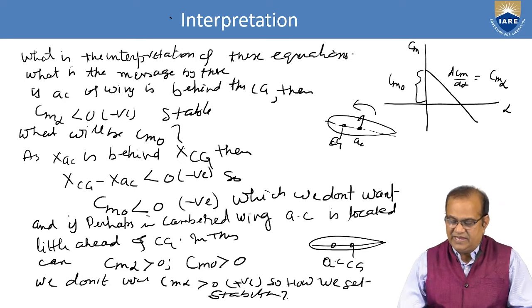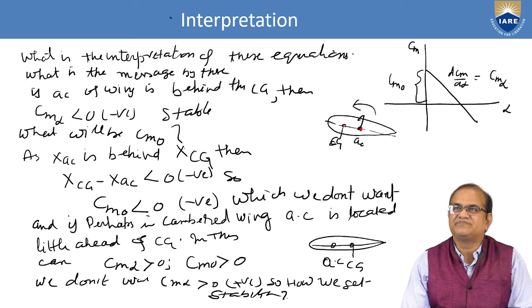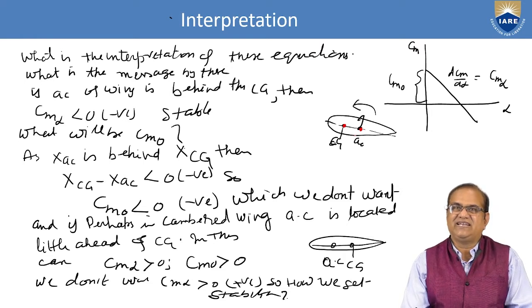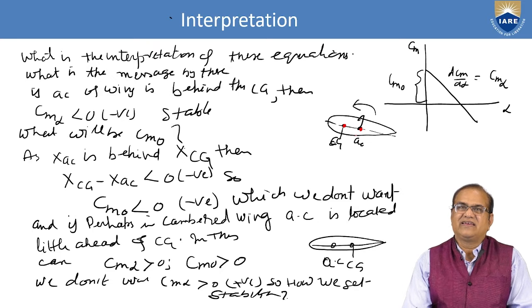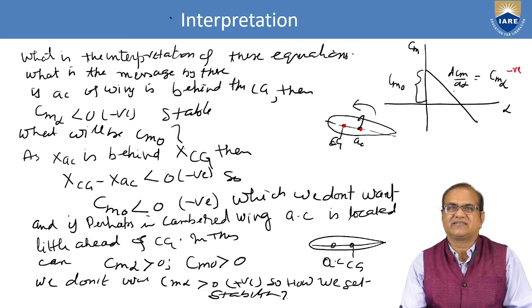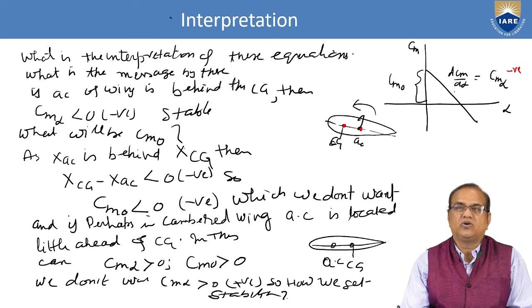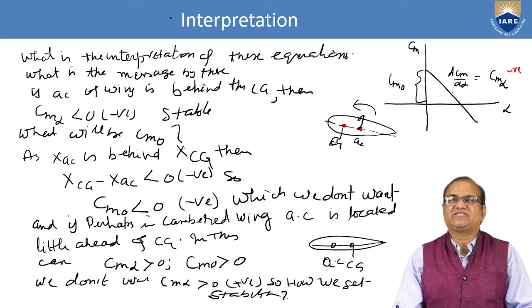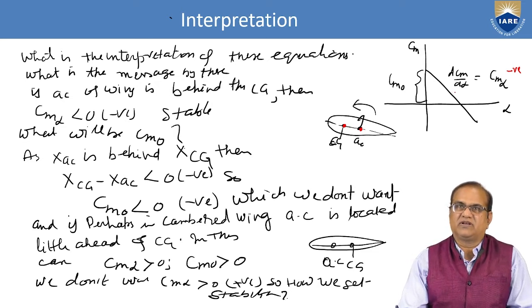You can see in this diagram, if this is the AC and this AC is behind the CG, then CM alpha here is negative, minus, like this. So in this case, the aircraft will be statically longitudinally stable.